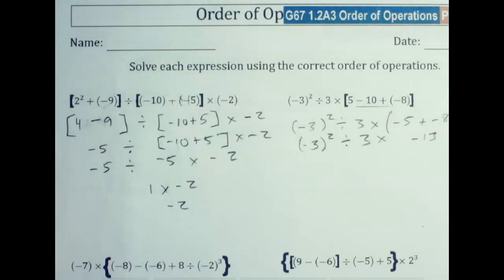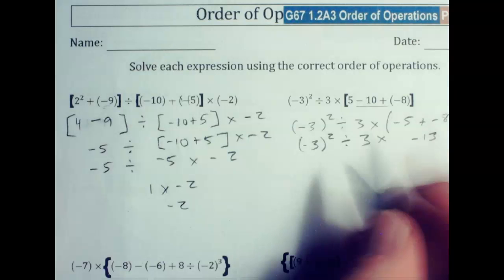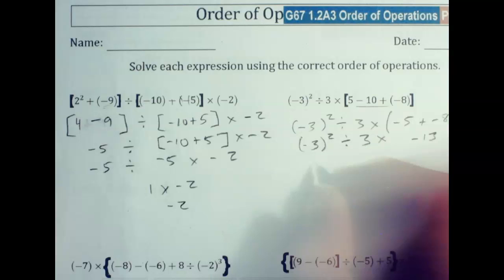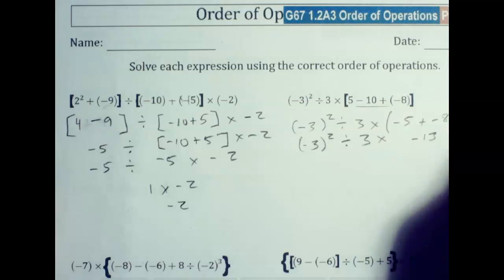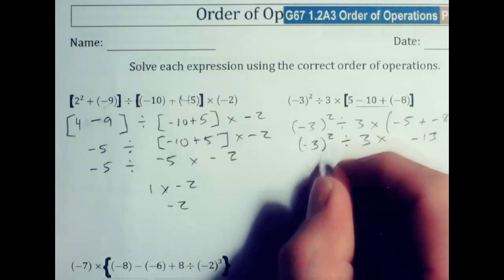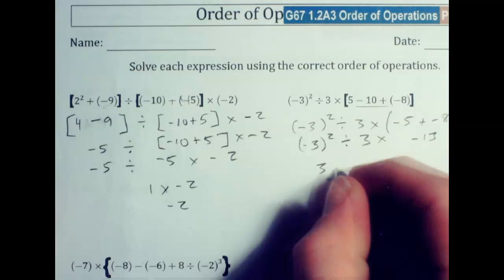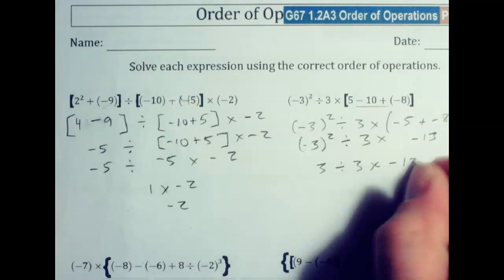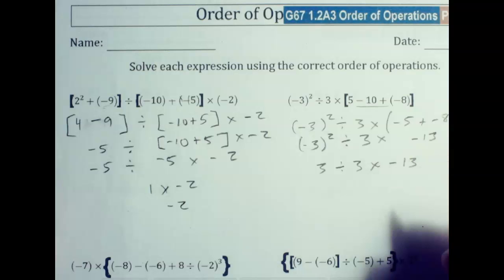Okay, now I've gotten the brackets done. I have to do exponents. So this here is really -3 times a -3, like that. So this is a +3 because the exponent's on the outside. So this is 3 divided by 3 times a -13. And, sorry, I did that wrong.